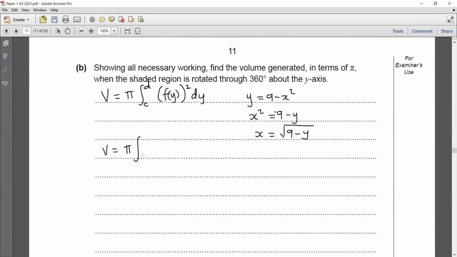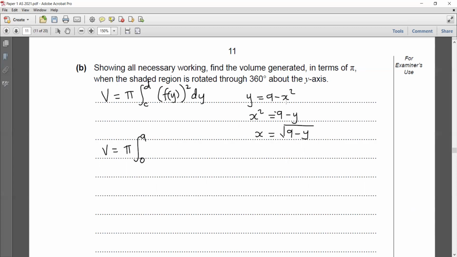Okay, so this should be a 0 there. Sorry, this is a 0, and then that is a 9, and then I take my formula for x. So when I'm revolving around the y-axis, my formula must be x is equal to something in terms of y, because I'm integrating with respect to y. There must be a y here. I cannot integrate this with respect to y, because I've treated it as a constant.